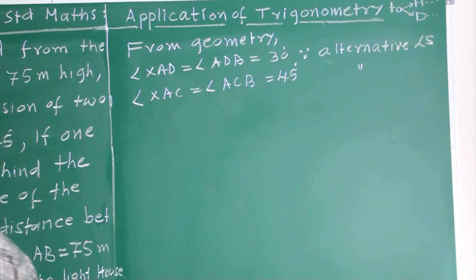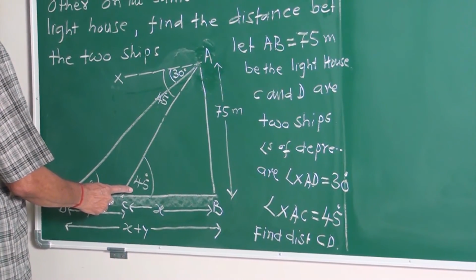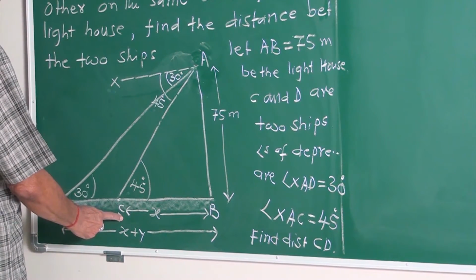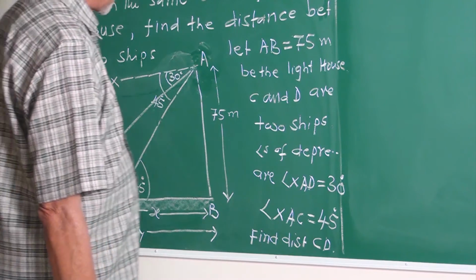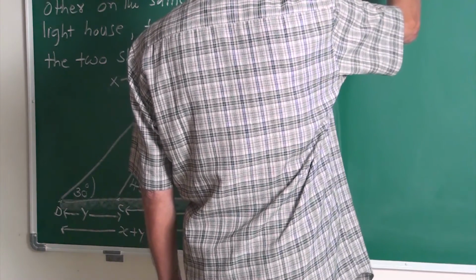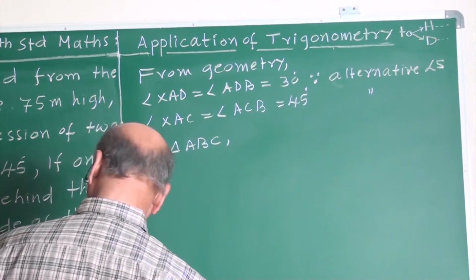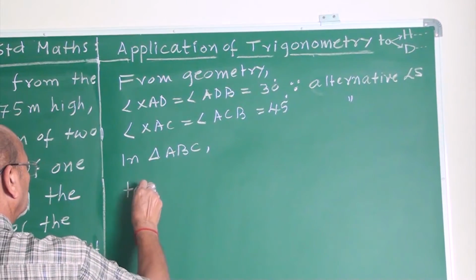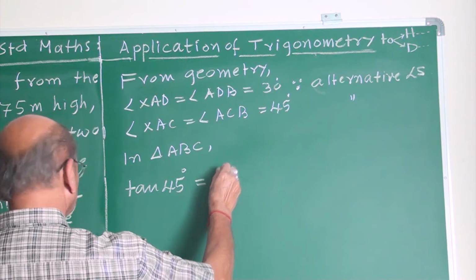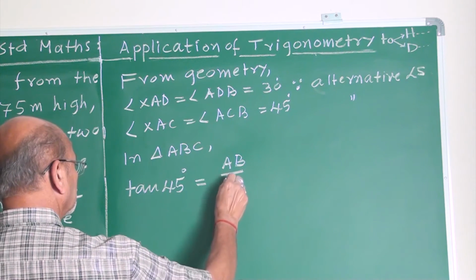Now you have both the triangles. Consider tan 45: opposite side AB upon adjacent side BC in triangle ABC. In triangle ABC, tan 45, opposite side is AB, adjacent side is BC.